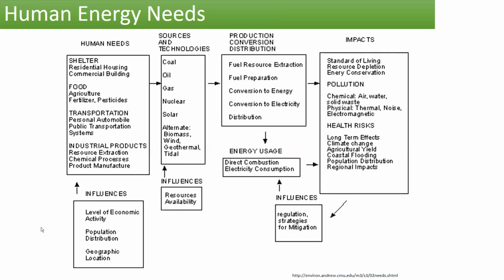So let's see what our needs are as humans. What are our energy needs? Humans need shelter, in residential or commercial buildings. In order to have shelter, nowadays or even in the past, we have some sort of energy to heat up or cool off those buildings.